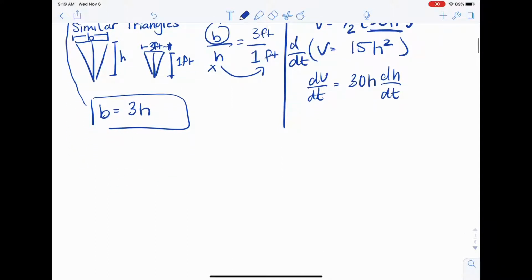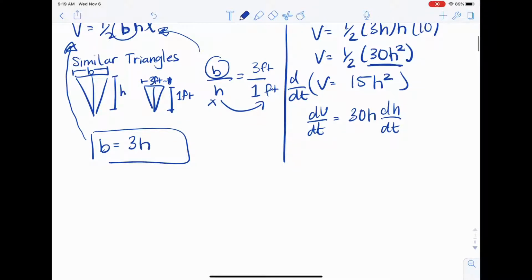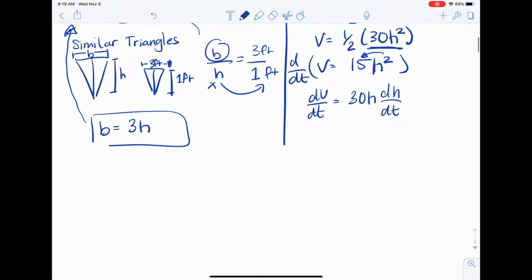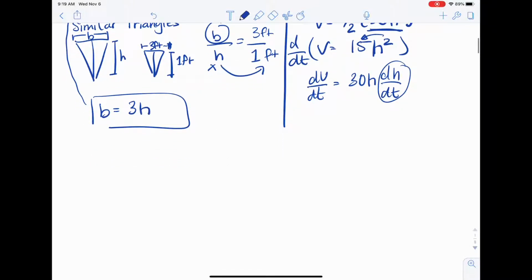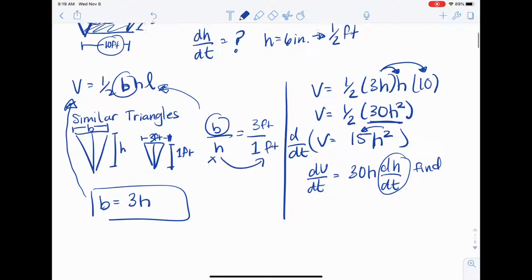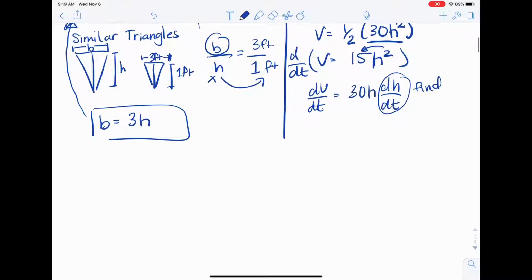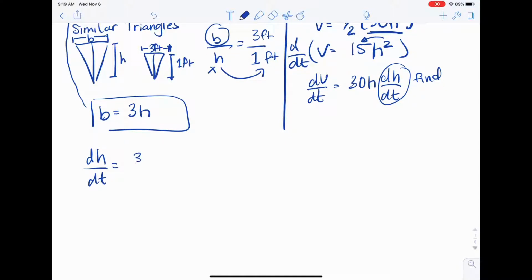I got that by doing 15 times 2, the power rule, and then doing the chain rule on h, which gets me h times h prime, dh dt. Then I'm going to find dh dt because that is what we're looking for. So dh dt equals dV dt over 30h.